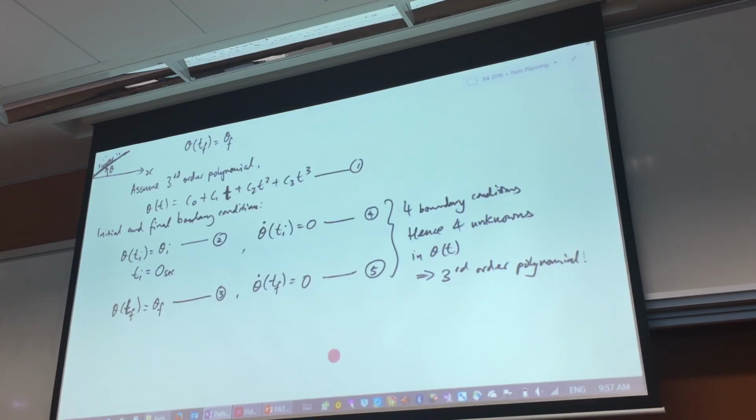And then you're supposed to use those boundary conditions to know what order polynomial you are having. So if you don't know this concept about third order polynomial for boundary conditions, then you wouldn't know how to start. You wouldn't know what order of polynomial to start with.